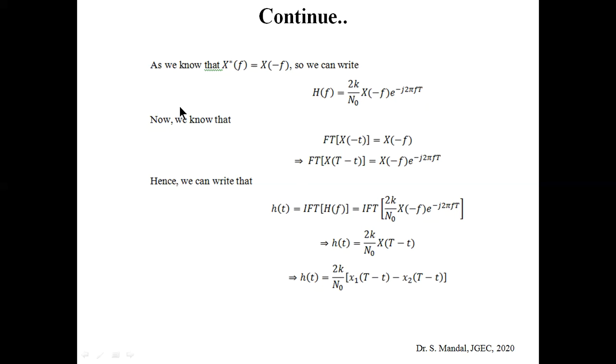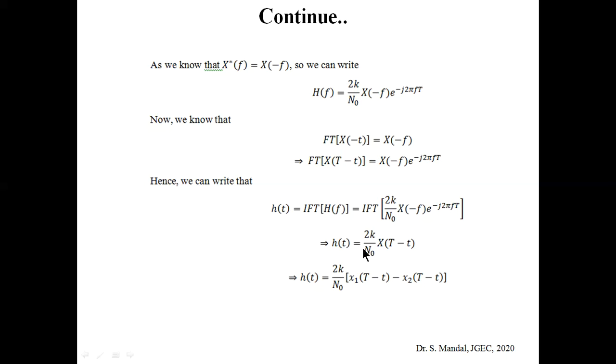Now by using the property of Fourier transform, we can write that the Fourier transform of x(minus t) equals X(minus f). Okay, so the Fourier transform of x(t minus T), in the frequency domain, can be written as X(f) into e to the power minus j2 pi fT. So by substituting this into the earlier equation, and using the inverse Fourier transform theorem, h(t) equal to the inverse Fourier transform of H(f), we get h(t) equal to 2k by N0 into X(minus f) into e to the power minus j2 pi fT.